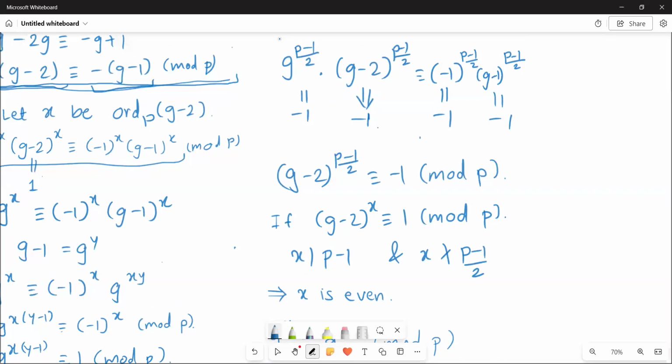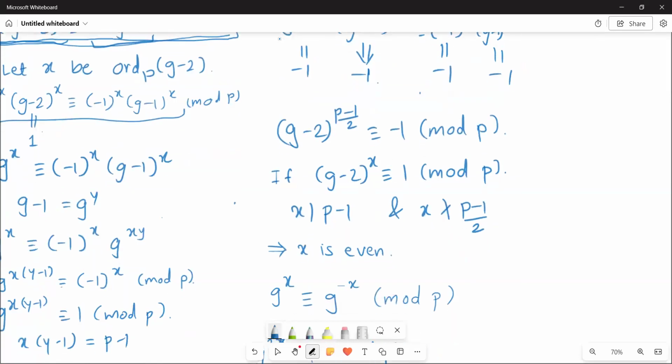Yes. So the order should be p minus 1 only. But it can be some other even factor, right? Wait, how can we conclude from here that it is like that?